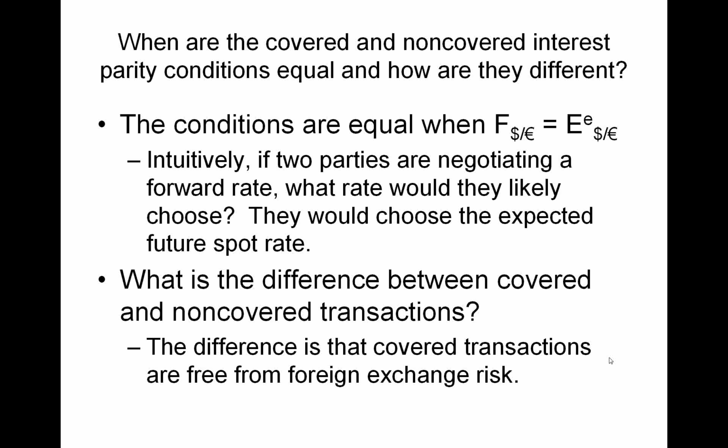The big difference is that the covered transactions are free from foreign exchange risk. So the forward rate is negotiated and will be paid out in that amount in a year's time, whereas for the expected spot rate, there's no guarantee that will be the spot rate in the future. And in fact, the forward rate moves very, very closely with the expected spot rate. And that is the end of chapter 14.